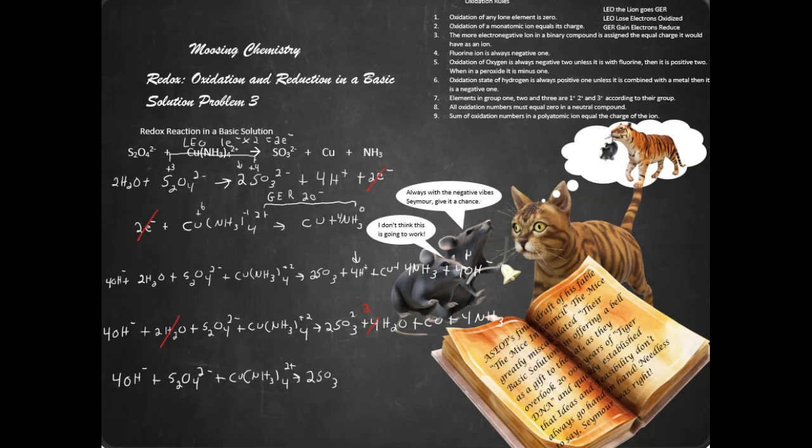I just left those off by accident. 2 minus plus 2H2O plus Cu plus 4NH3, and that's our final answer.